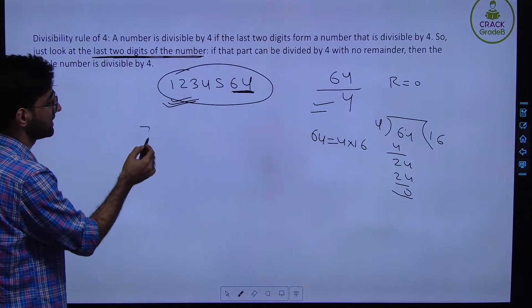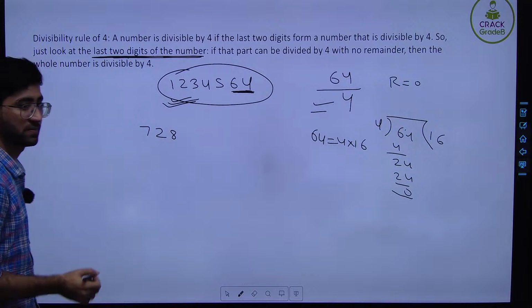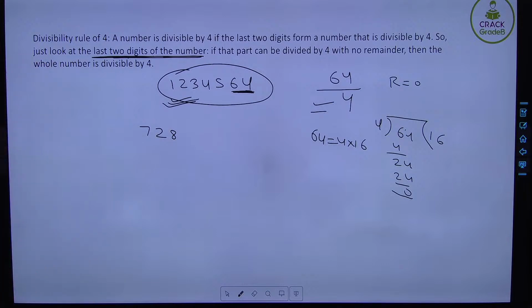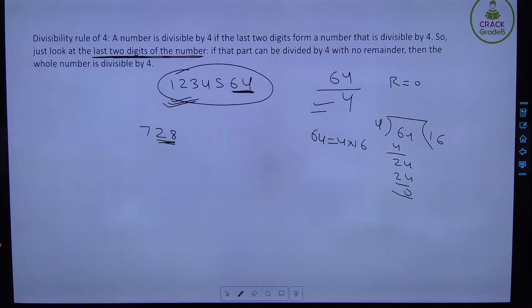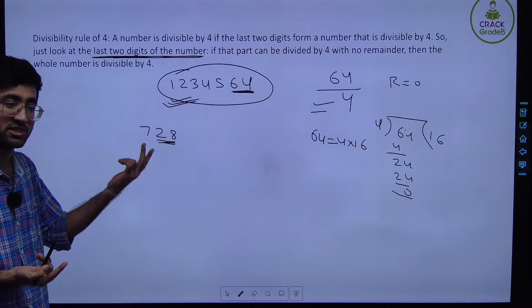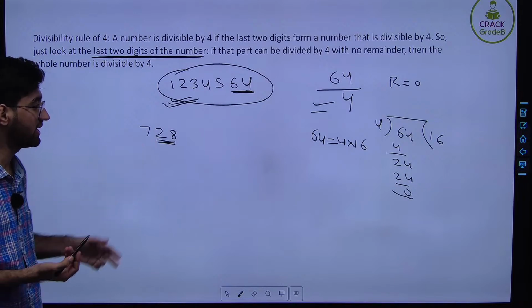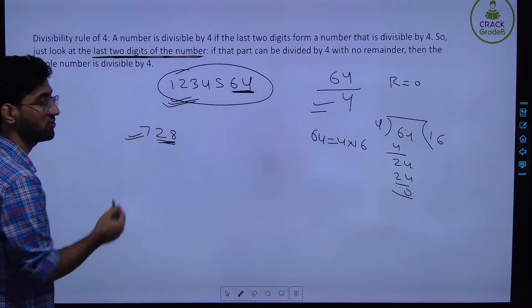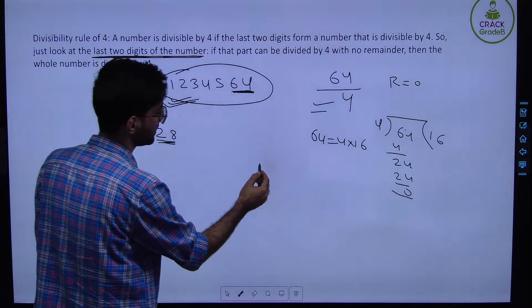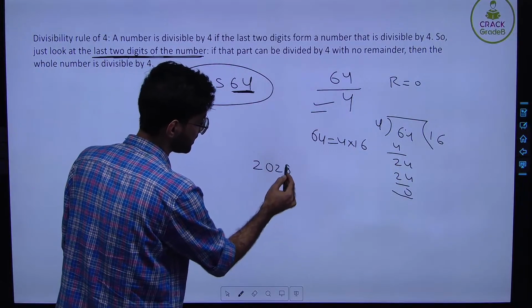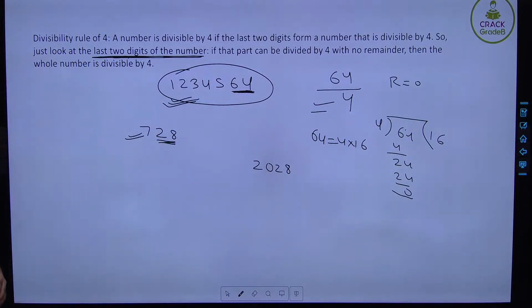Now answer, is this number divisible by 4? Yes. Look at the last two digits, 28. 28 is divisible by 4, so 728 is divisible by 4, right? If I ask you, is 2028 divisible by 4? Yes, it is.